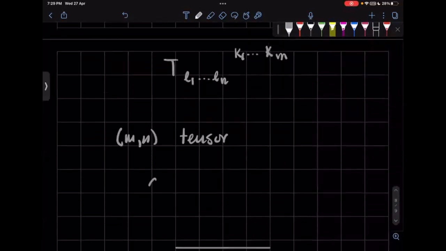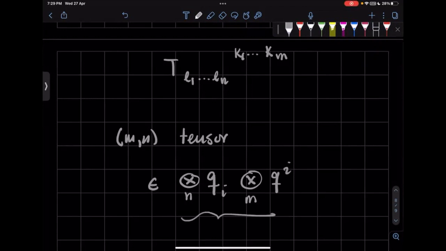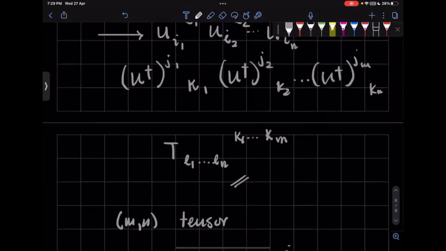It lives in a space which is n factors of Q downstairs and m factors of Q upstairs. In general, this is a highly reducible space, but this tensor may be irreducible depending on how that's encapsulated in its symmetries and stuff like that.